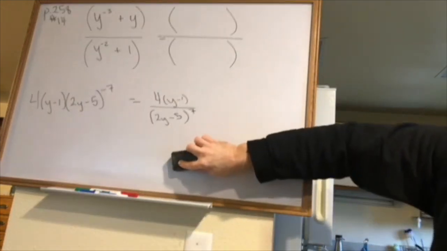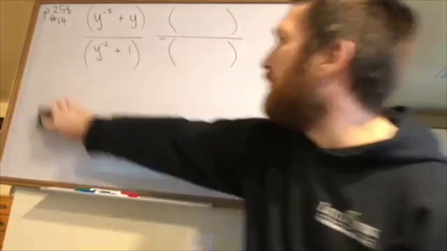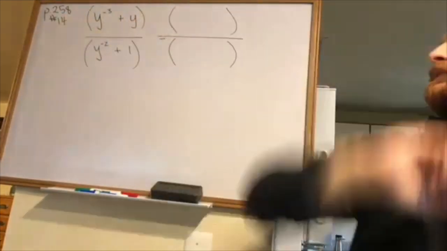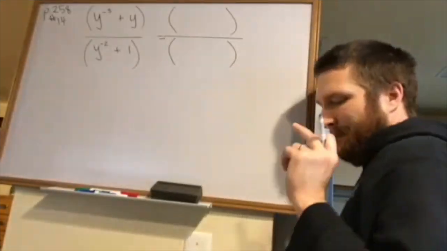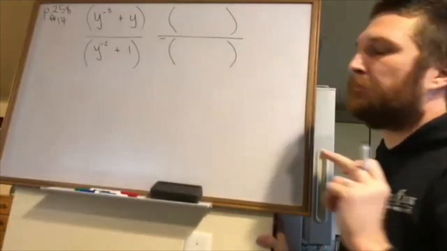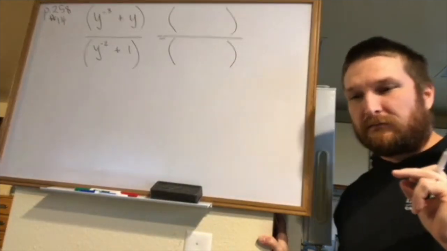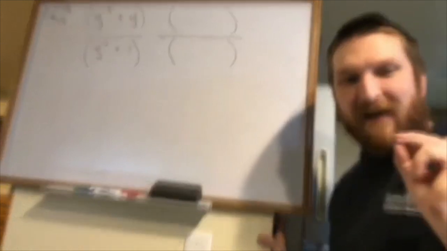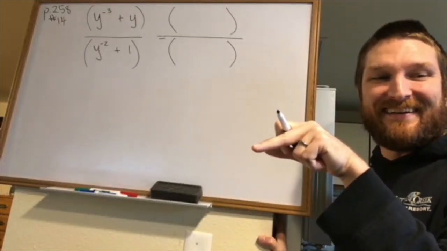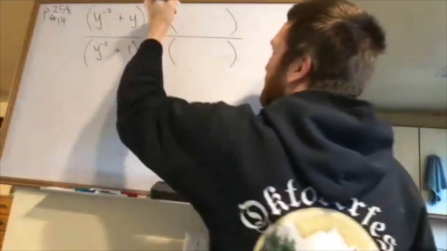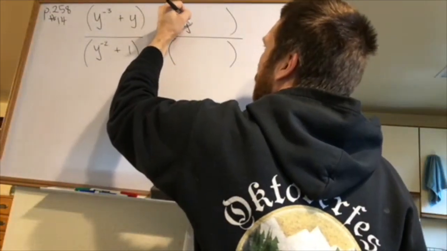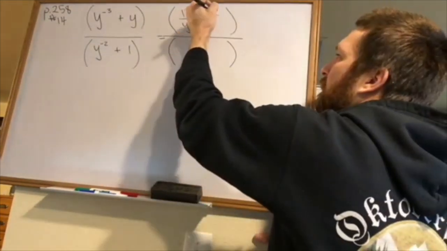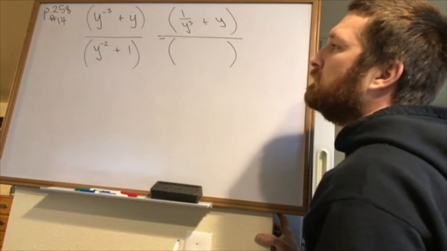So how do I rewrite the numerator here without negative exponents? 1 over y to the 3rd, plus y over 1 over y to the 2nd plus 1.